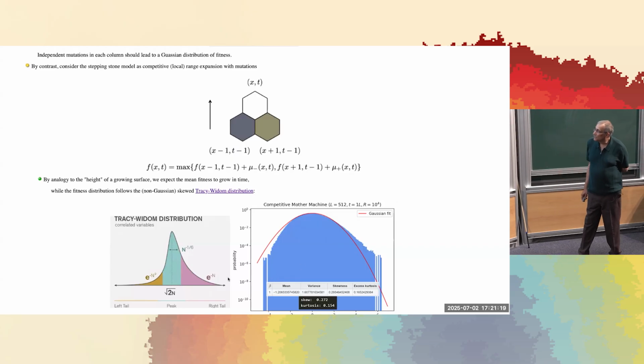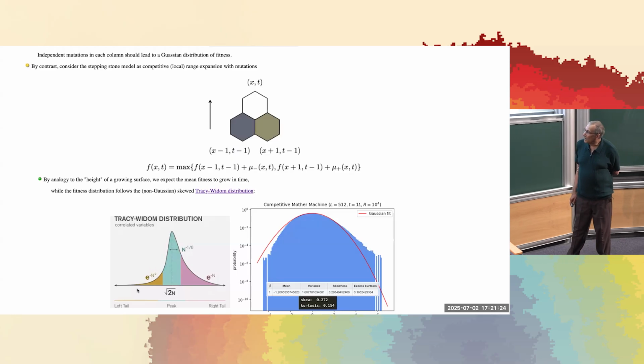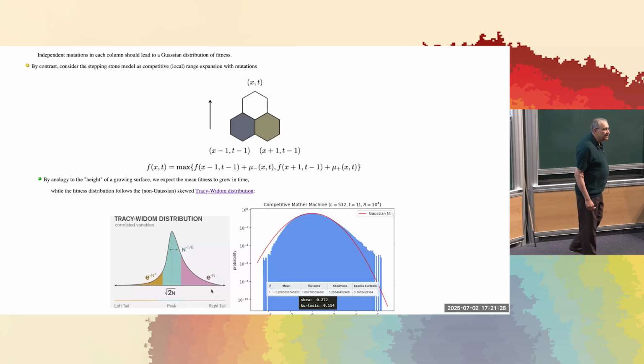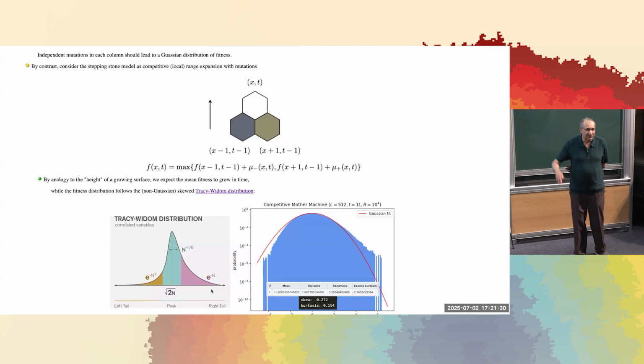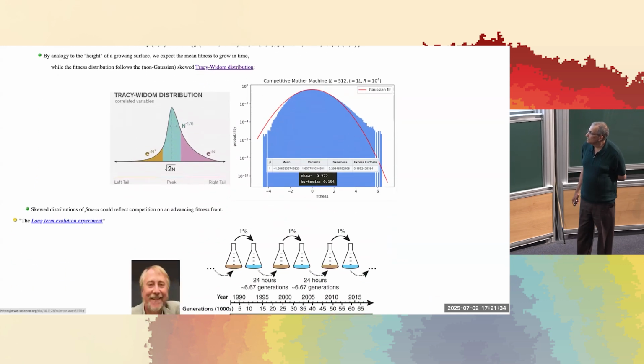And again, the reason is that in competition, you lose things on the less fit side and add them to the more fit side. You expect a skewed distribution, and this is a nice skewed distribution.